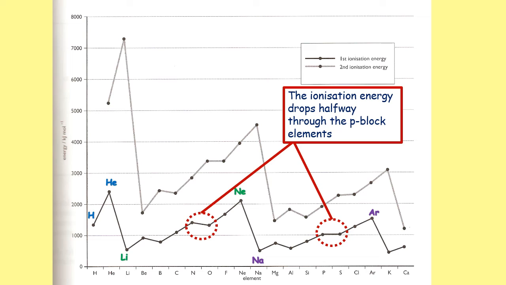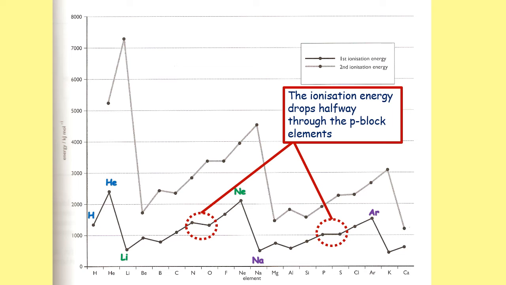When we go to group 6, we are adding in 1 additional electron. That electron must pair up with one of the electrons that is there. Electrons repel one another. They don't really want to be paired up. So the fact that you're having to introduce this paired electron makes the electron arrangement slightly less stable, and because it's less stable, it's going to be easier to remove an electron.